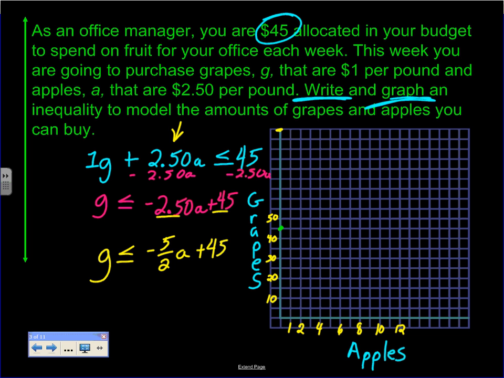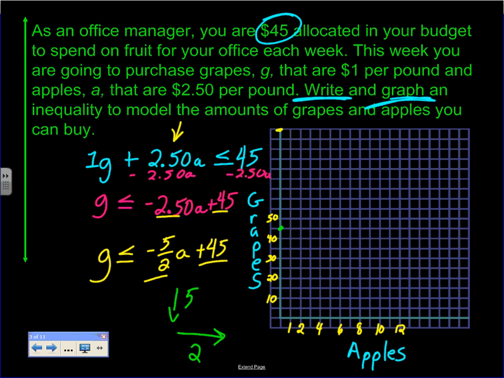And so now let's go ahead and graph some more points. We have the y-intercept placed, and now let's graph negative 5 over 2. Negative 5 over 2: the change in y is negative 5, so we go down 5, and we go to the right 2. The negative is why we're going down.